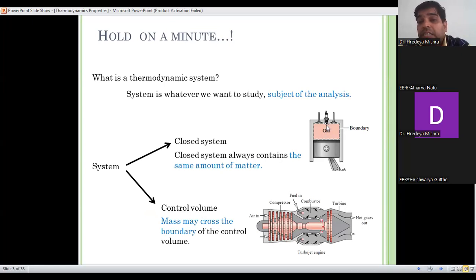The gas is compressed, the gas is expanded, but the same amount of gas remains, so in the closed system the volume is constant. In the control volume, mass may cross the boundary. So these are the types of system.